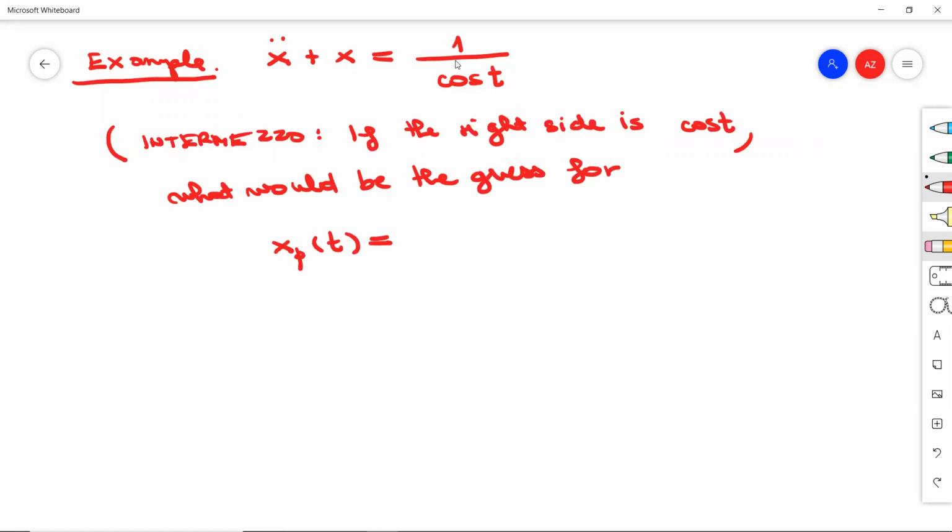Do you have any suggestion? On the right-hand side we have cosine t, and the guess for the solution should be something which, when we take the first and second derivative on the left-hand side, still remains of the same form, still some trigonometric function. So what would you guess for the particular solution?